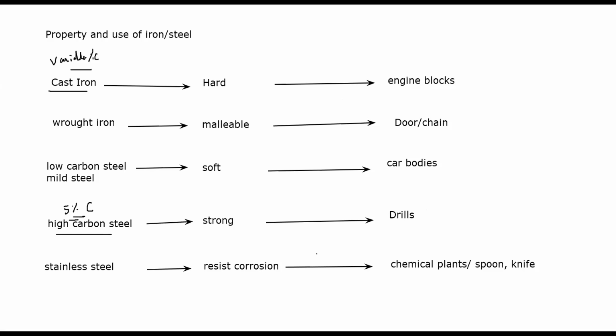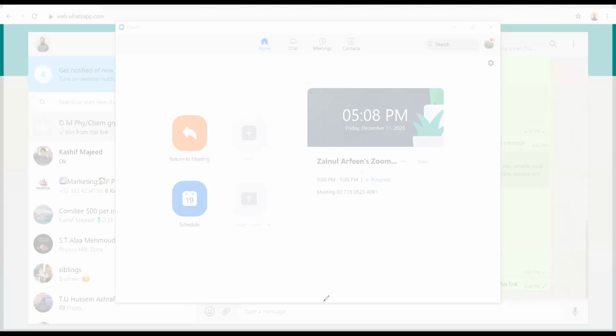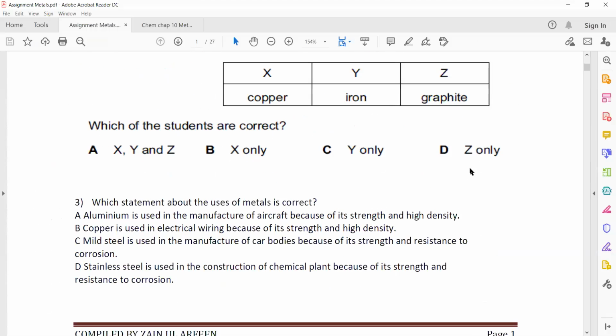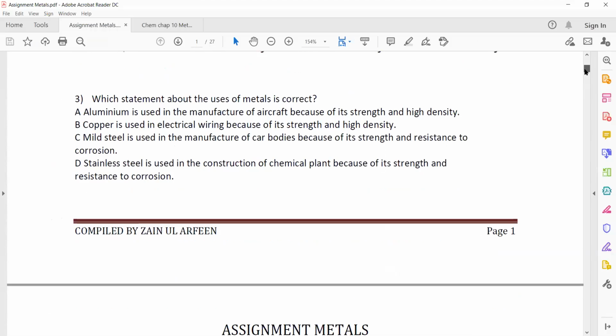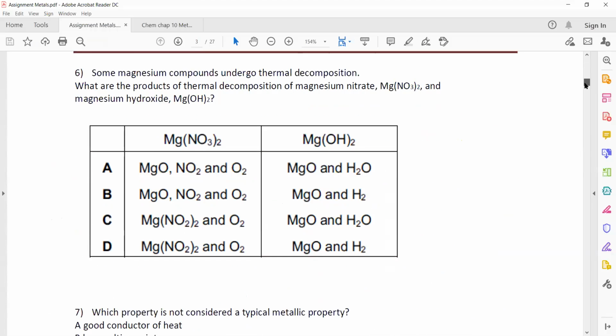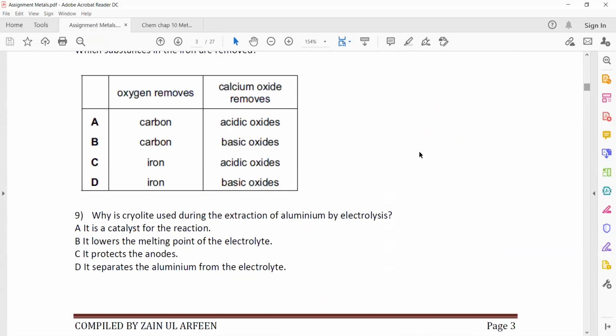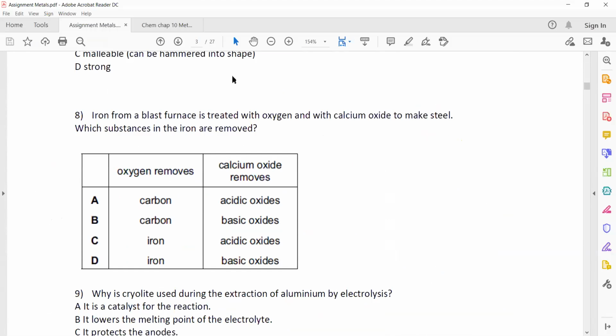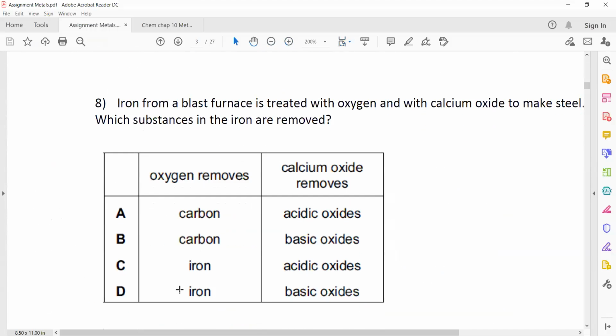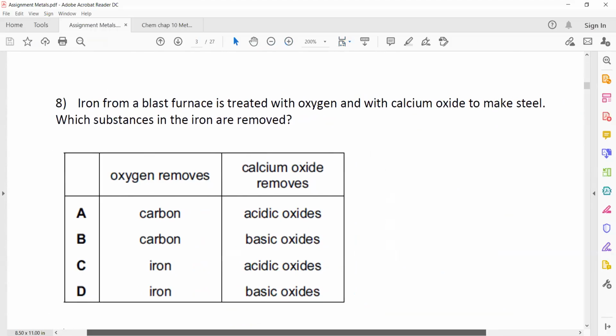Now some questions related to extraction of the iron. Question 8. What could be the answer for question 8?